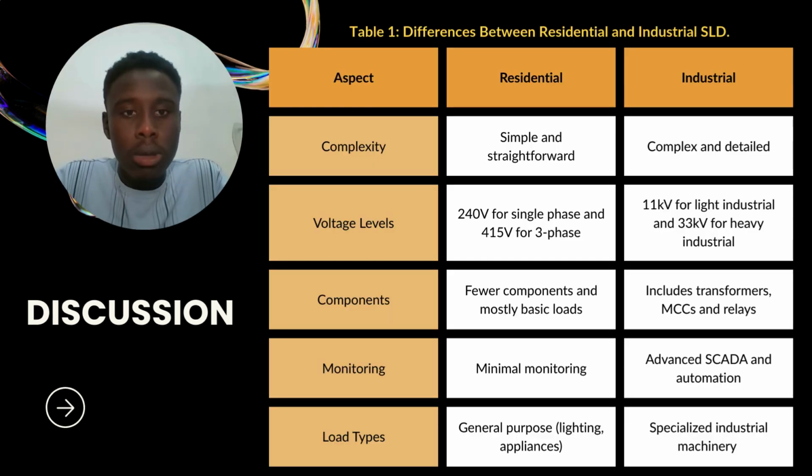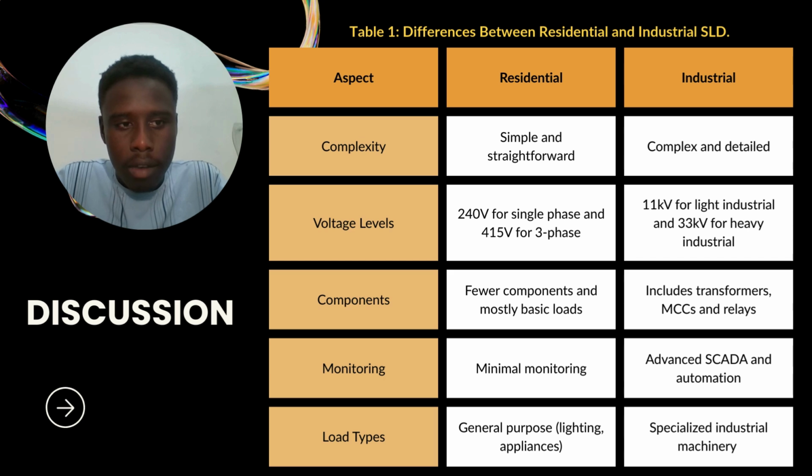This table shows the main differences between residential and industrial single line diagrams. Residential SLDs are simple and straightforward, operating at low voltage levels such as 240 volts for a single phase and 415 volts for a three-phase supply.